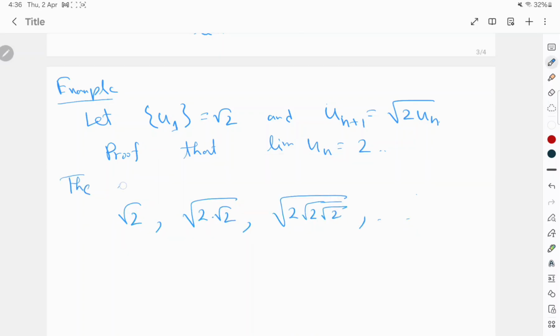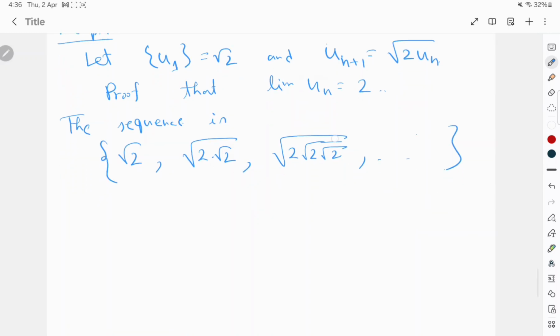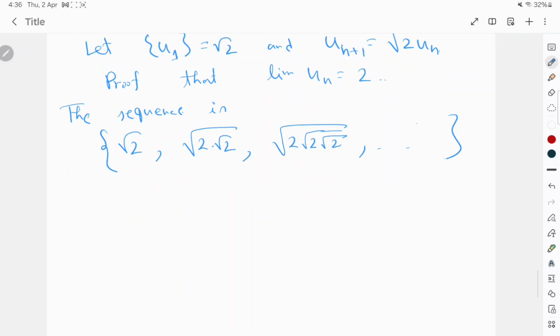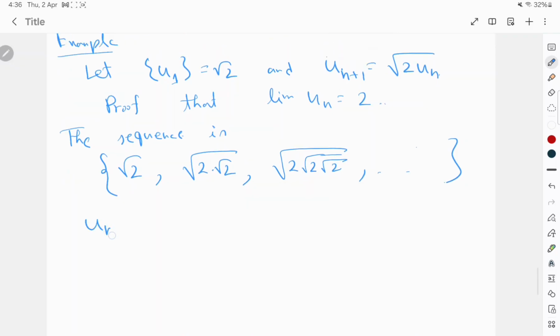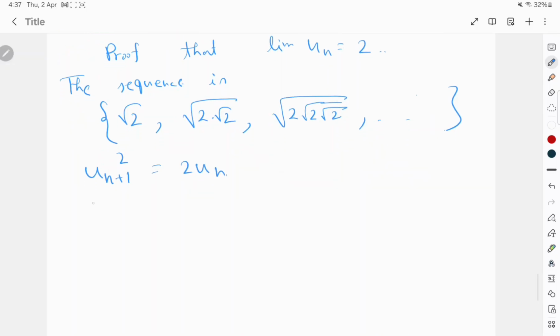So the sequence is of this type of form. Now you see, if you take u(n+1) squared, what will you get? 2un, right? And if you take un squared, what will you get? 2u(n-1).